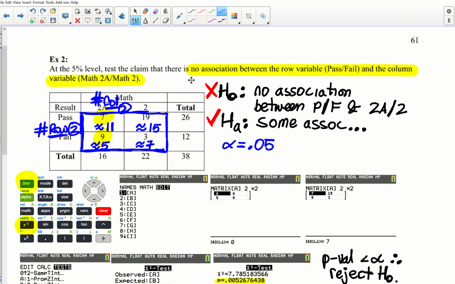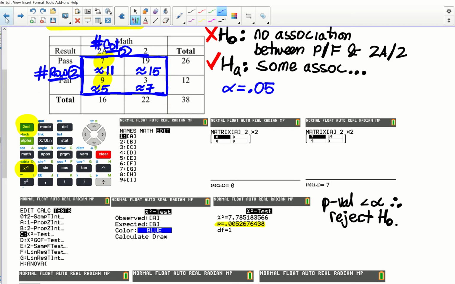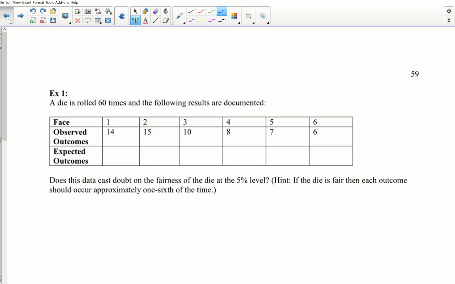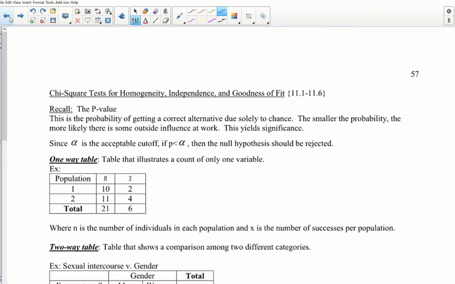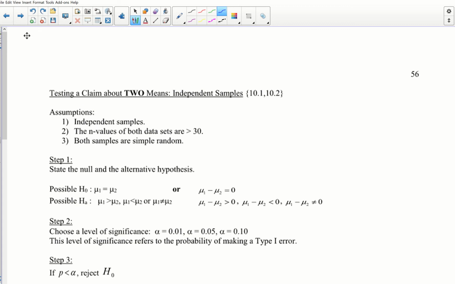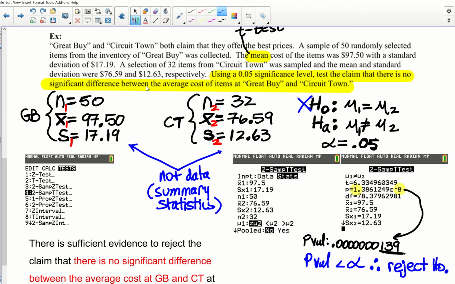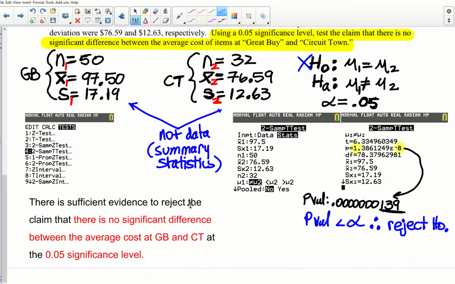Right? So to answer the question, test the claim that there's no association between the row variable and the column variable. All right? So I'm going to be lazy again. I just got to go back a little further to be lazy. I put in a lot of effort to be lazy, so you just got to bear with me here.